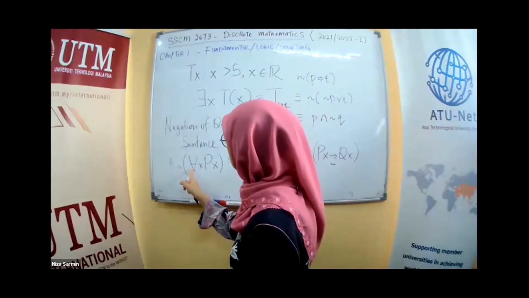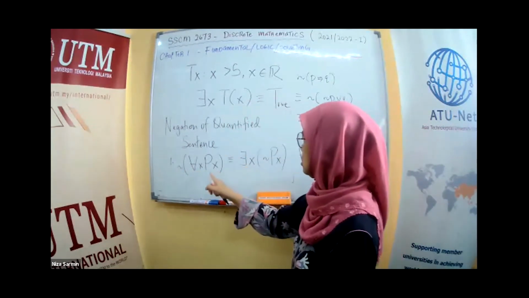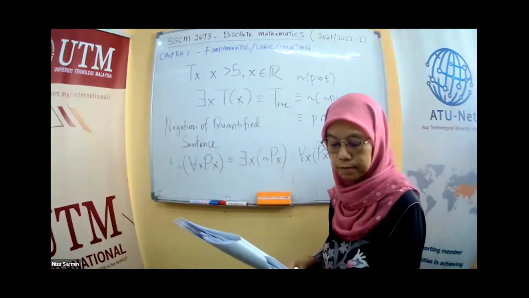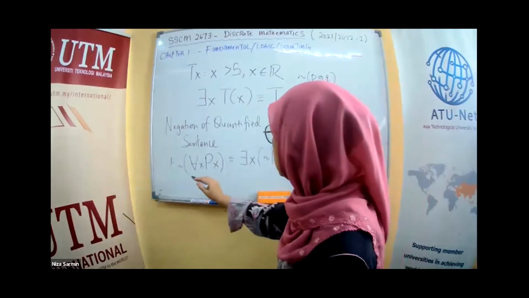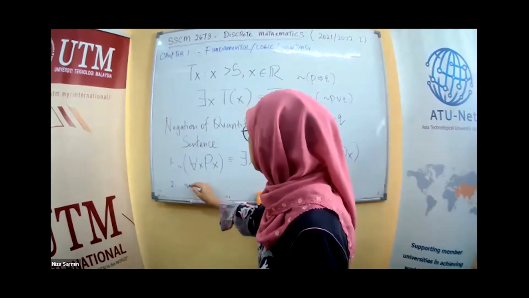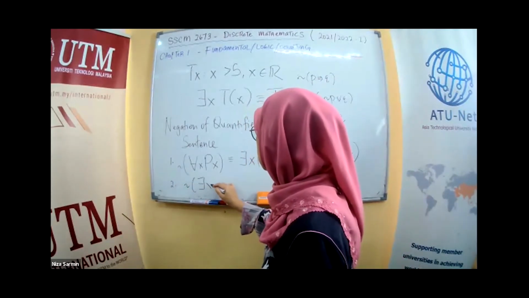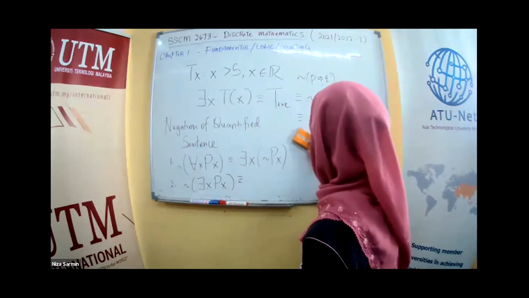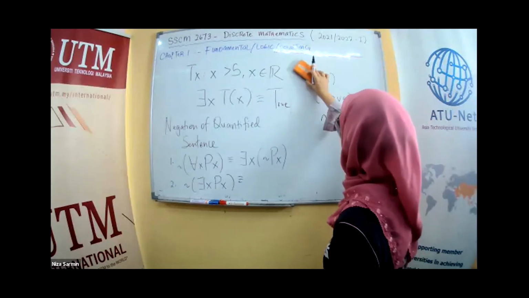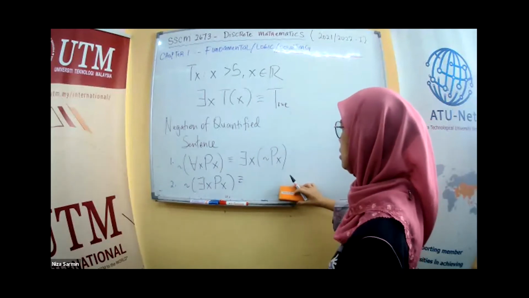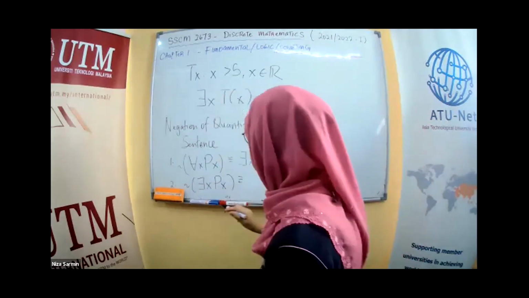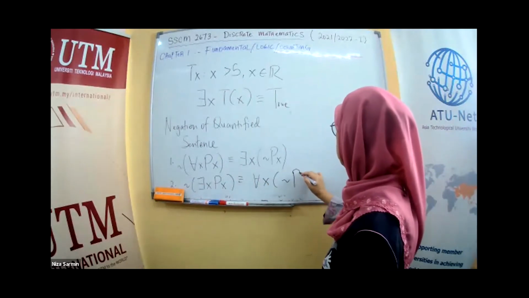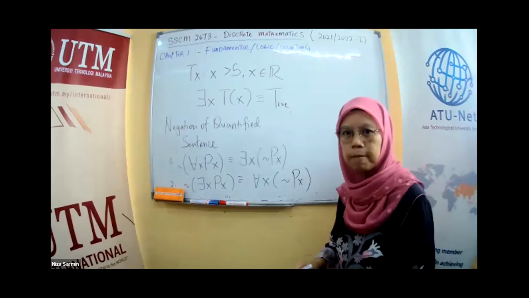The not here becomes this, then bring it to Px. Okay. The second one is not of this. This one becomes for all x, not Px. Okay.